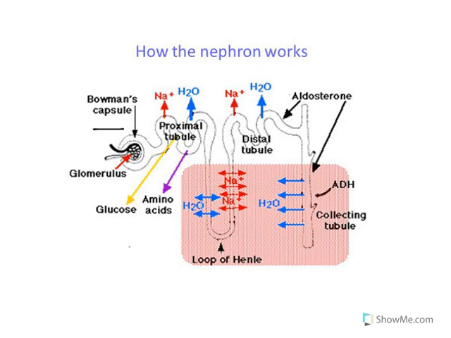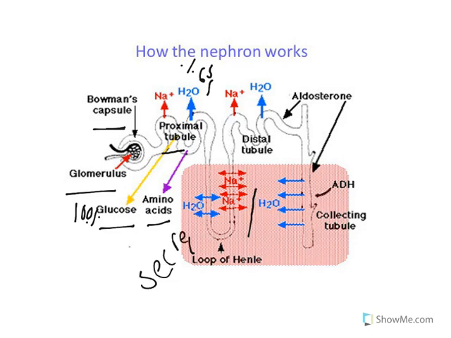To recap, we have the Bowman capsule and the glomerulus. In the proximal tubule, 100% of glucose and amino acids will be reabsorbed, along with about 65% of sodium and water. We continue to reabsorb sodium and water, and some secretion occurs, in the loop of Henle.